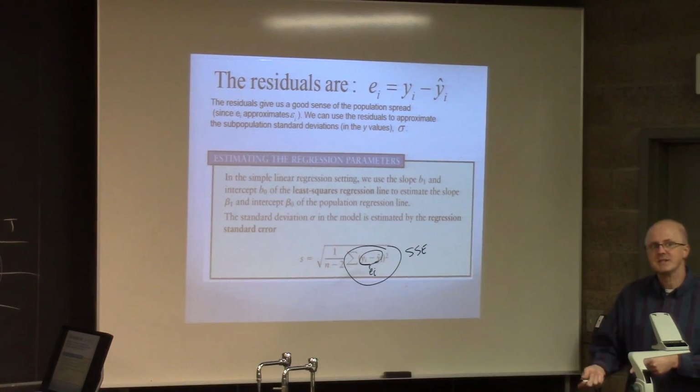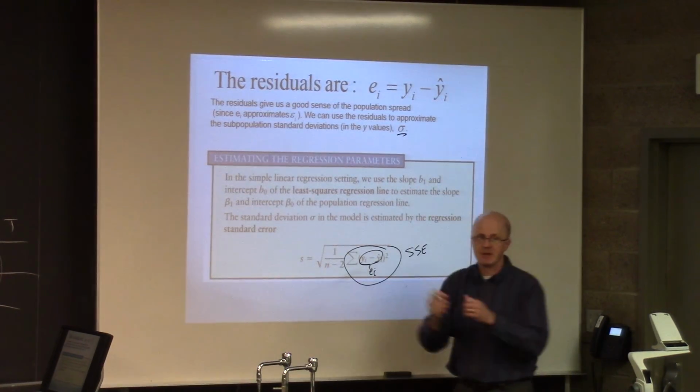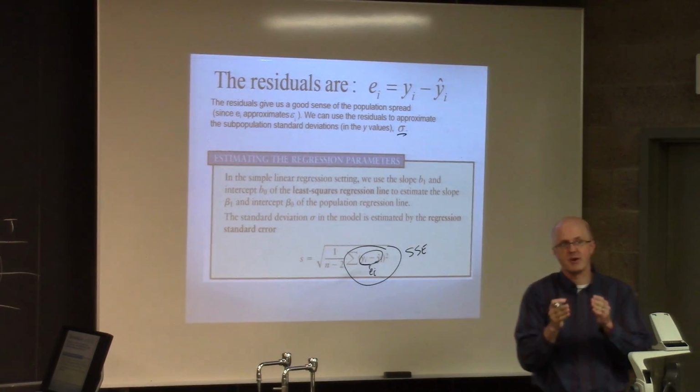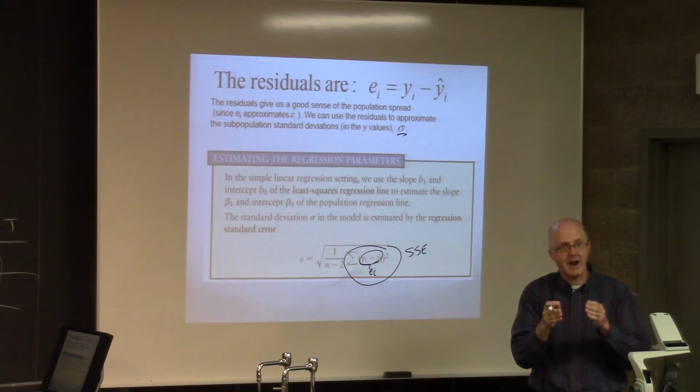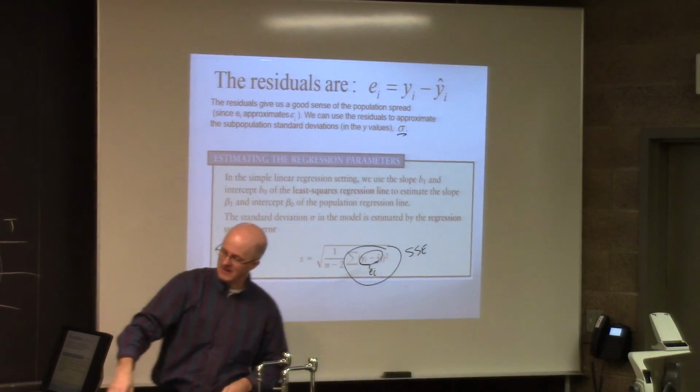S, this regression standard error, is supposed to estimate sigma, the measure of variability, the standard deviation of those normal curves in the y values for every given x value. You assume those are all the same in the model. That's a quick summary that I wanted to say right before the quiz, and now we'll take the quiz.